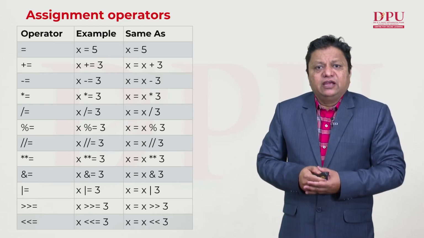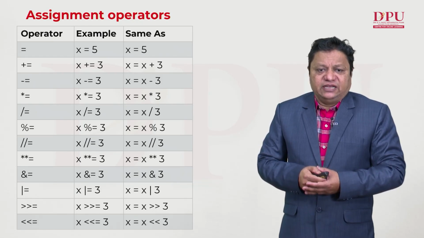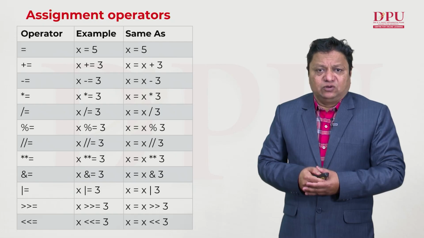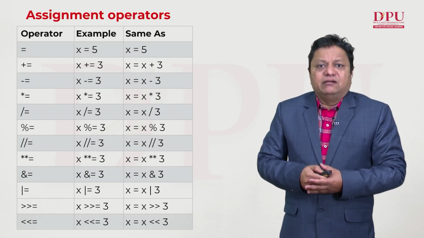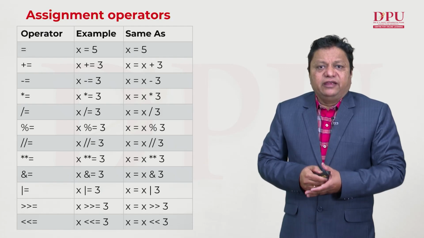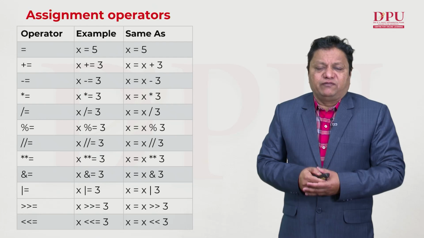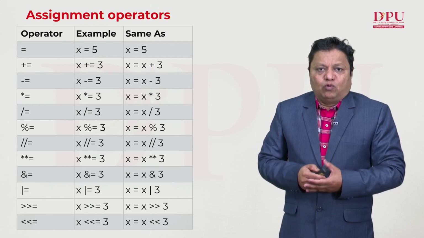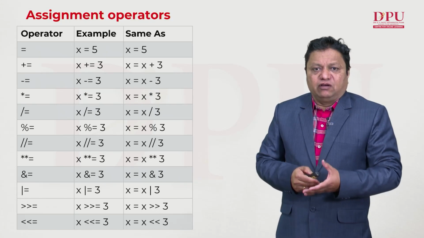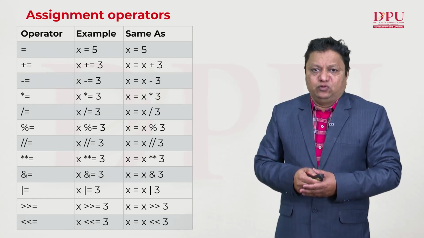In the same way, if I have to perform multiplication, instead of writing x equals x multiplied by 3, I can write x multiplication symbol equals 3. So, in this way also I can make use of compound assignment. It is up to you what kind of assignment operator you want to use.